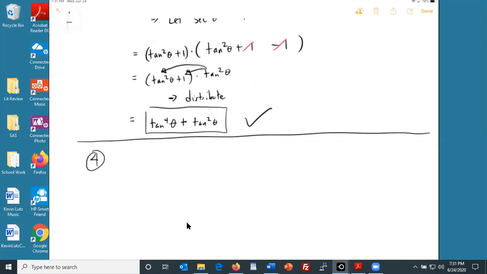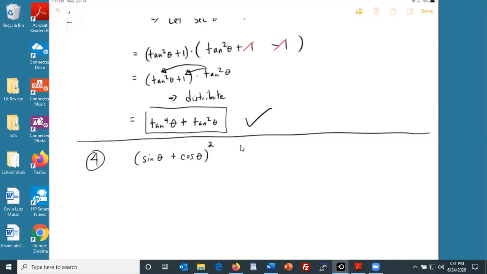In one way, number 4 is kind of similar to number 6 in the lab. The problem that we're going to do here has a denominator, but in the lab it doesn't have a denominator. But the very first term that we're going to have to simplify is this expression here. You have similar expressions in the lab for problem 6. So just keep that in mind when you're doing problem 6.